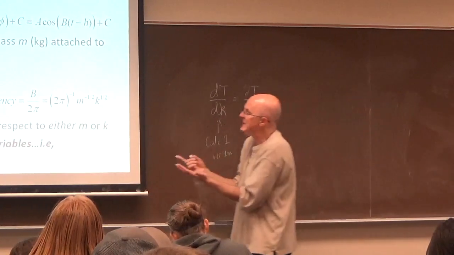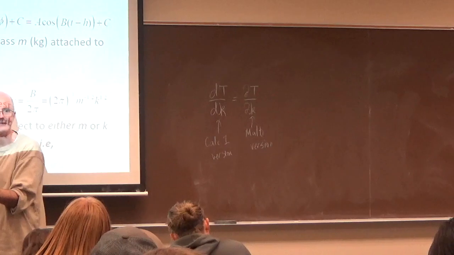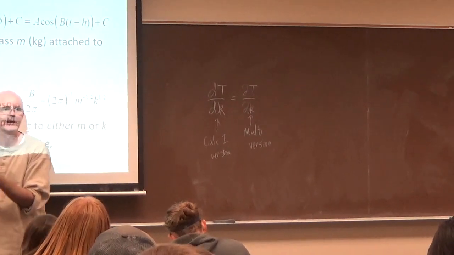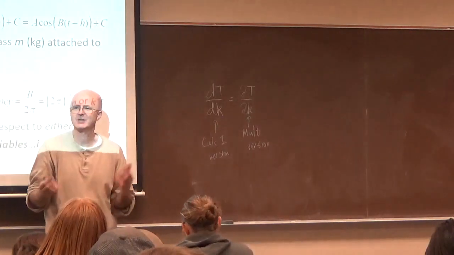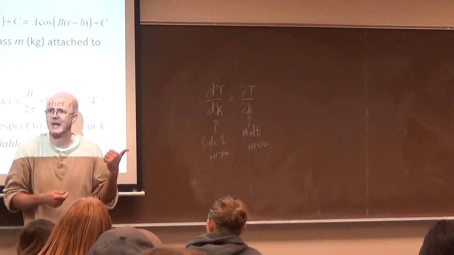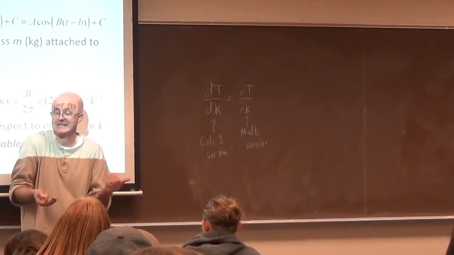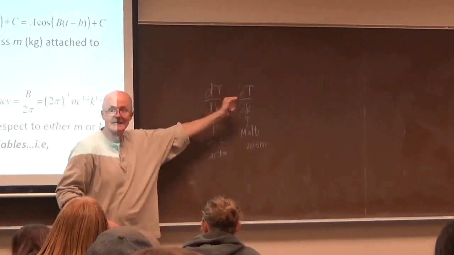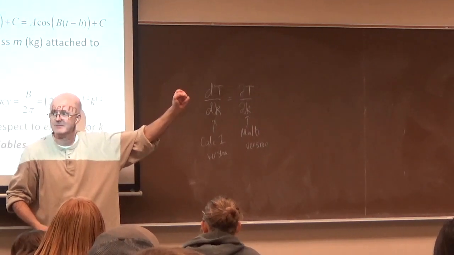Treat the M as fixed. Treat the M as a constant. They mean the same thing. They're just different notation. Don't let it bother you that it's different notation. And you may see this in your science books again. Sometimes they may use a d, sometimes they might use a curvy d. Don't let it bother you.